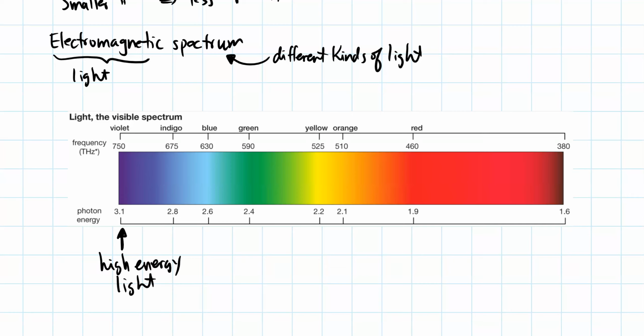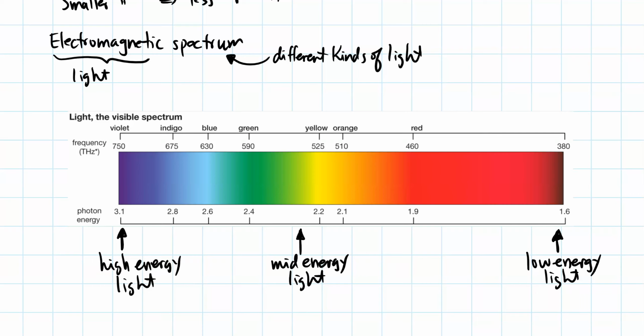The red here, which is at the opposite end of the spectrum, is the low energy light. So you could see that somewhere in the middle, roughly around green or so, is the mid energy light.